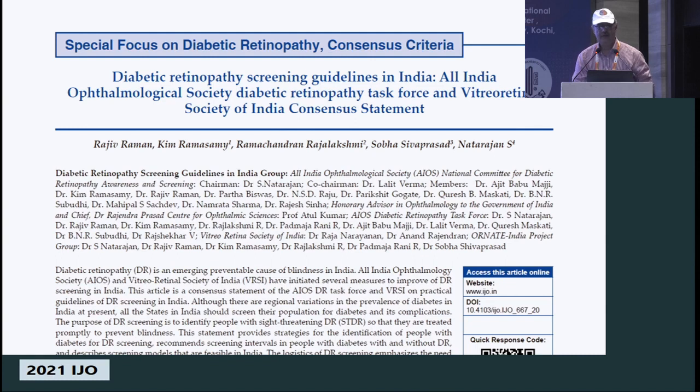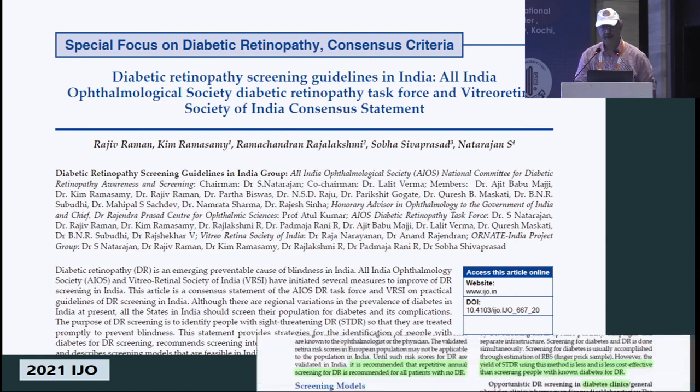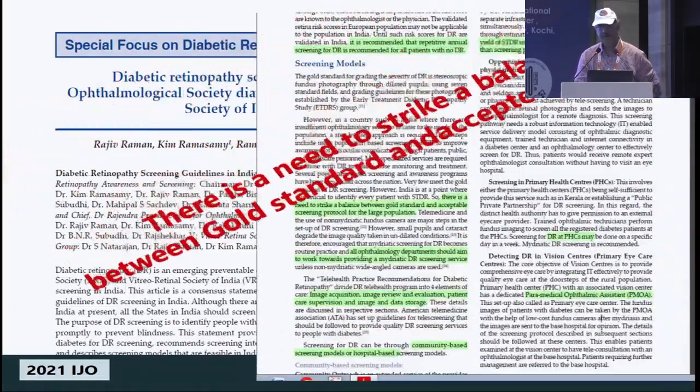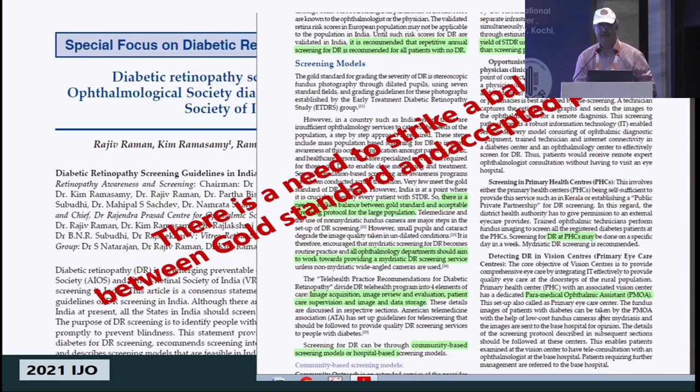Recently in 21, Rajiv Raman has come out with a famous article in IJO, and it has certain points. And the point which I took out of it is that there is a need to strike a balance between what is universal or what is ideal and what should be done. For example, if we screen the whole population, that is ideal.